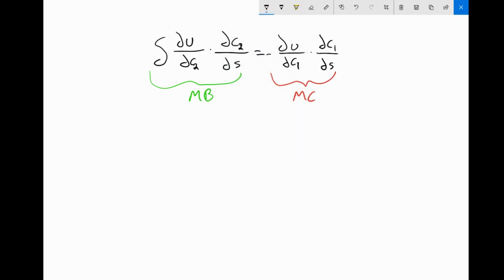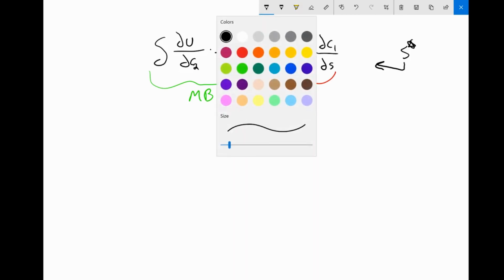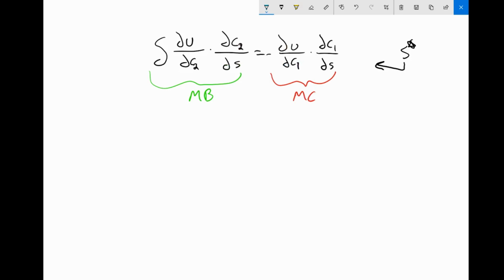So the marginal benefit equals the marginal cost, and the optimal S is the value of S such that this is true. So S star, the optimal S, the decision that people make, is they will choose the amount of savings such that the marginal benefit equals the marginal cost. Let's take a look at this. What is the marginal benefit? The marginal benefit of savings is that my utility in the future will increase.